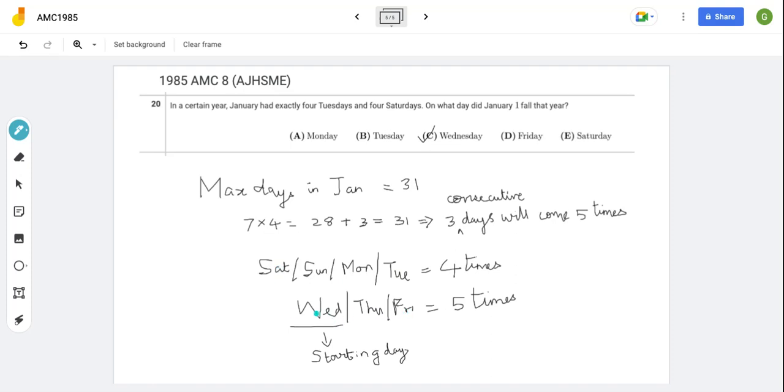So only these 3 can come 5 times. So the starting day should be a Wednesday, because with Wednesday, Thursday, Friday at the start of the month and the same Wednesday, Thursday, Friday at the end of the month, only then can you have 5 of these days in a month. So the starting day, January 1st, is Wednesday.